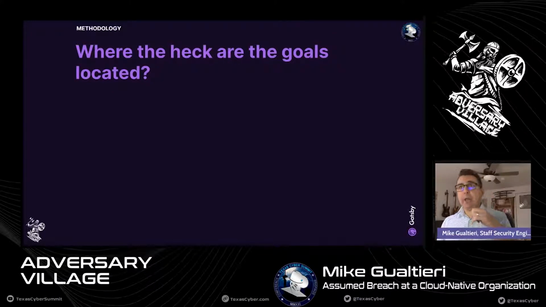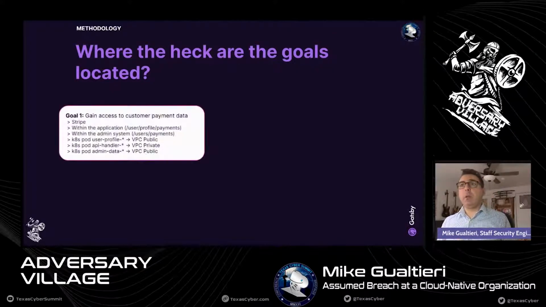Let's look at the first goal, gaining access to customer payment data. The data itself happens to be located in Stripe and also displayed within the application, within the user's account. But this also means that the data is present, or at least travels through, the Kubernetes pod that processes the user account data.